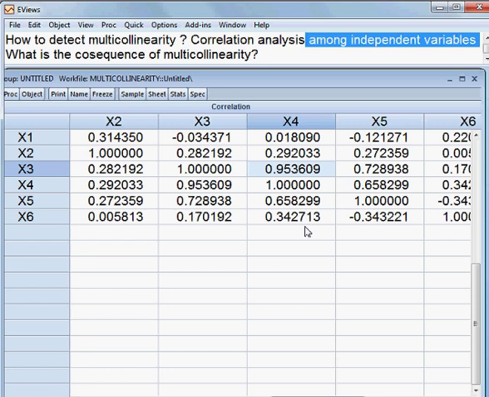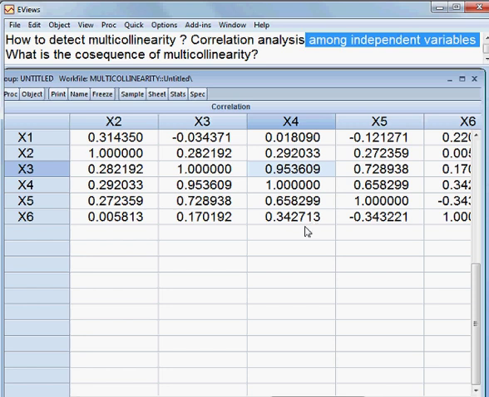Because of this high correlation coefficient, the problem of multicollinearity has arisen, right?